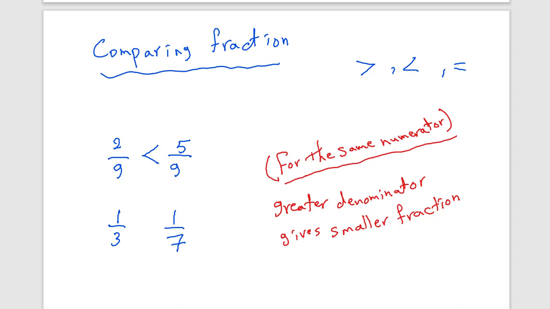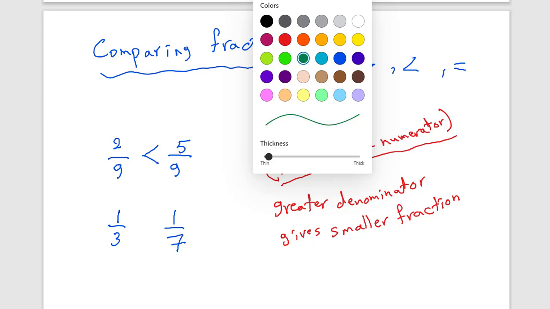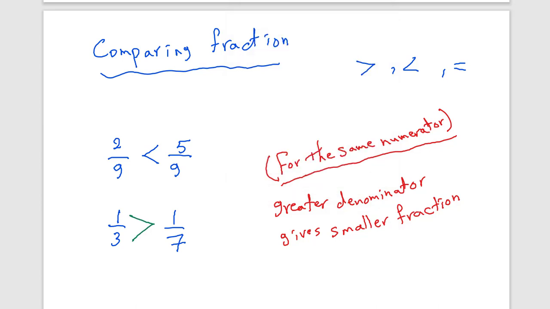Only for the same numerator, greater denominators give smaller fractions. So in this case, 1/3 is bigger.